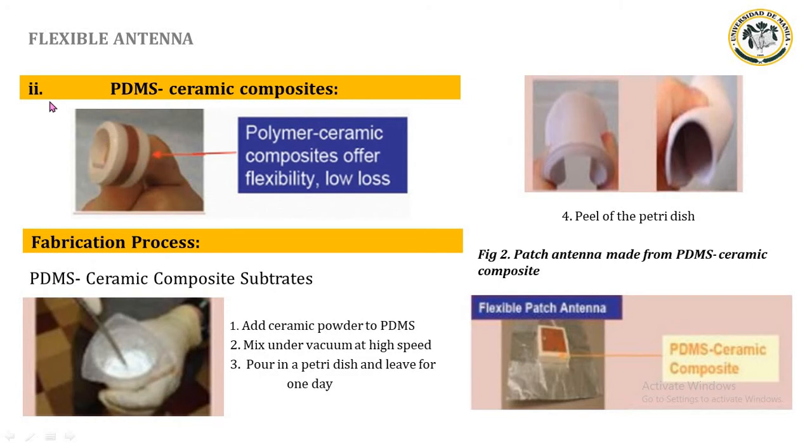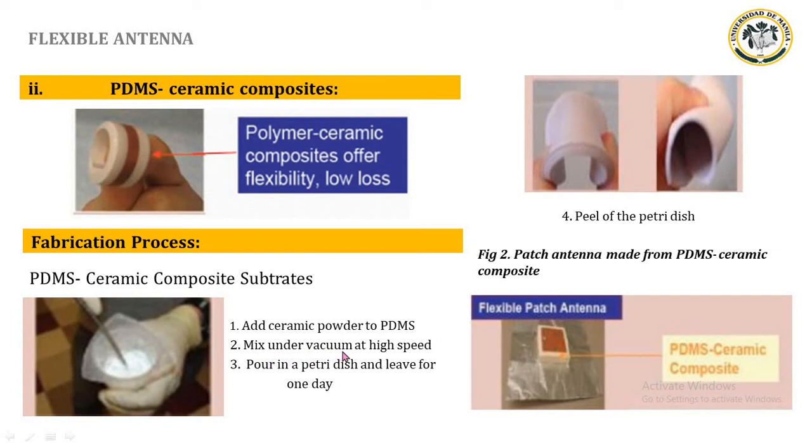Dielectric properties can be tuned. Next. Number 2. PDMS ceramic composite. Polymer ceramic composites offer flexibility and low loss. The fabrication process of ceramic composite substrates: Number 1. Add ceramic powder to PDMS. Number 2.